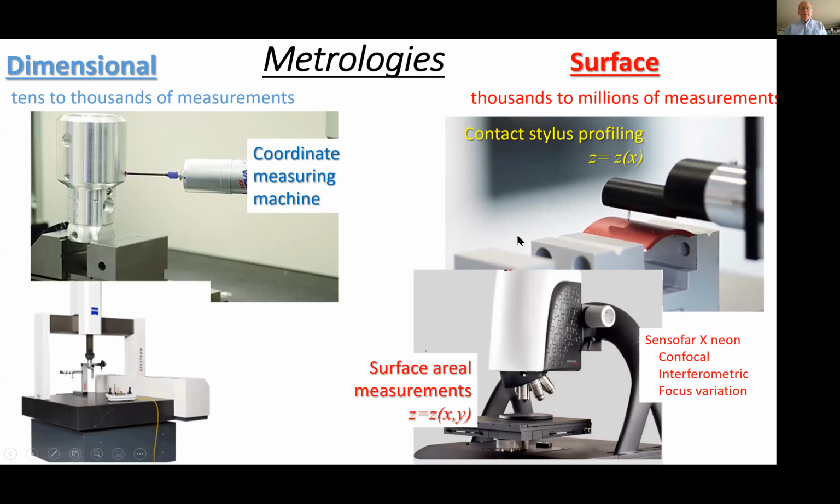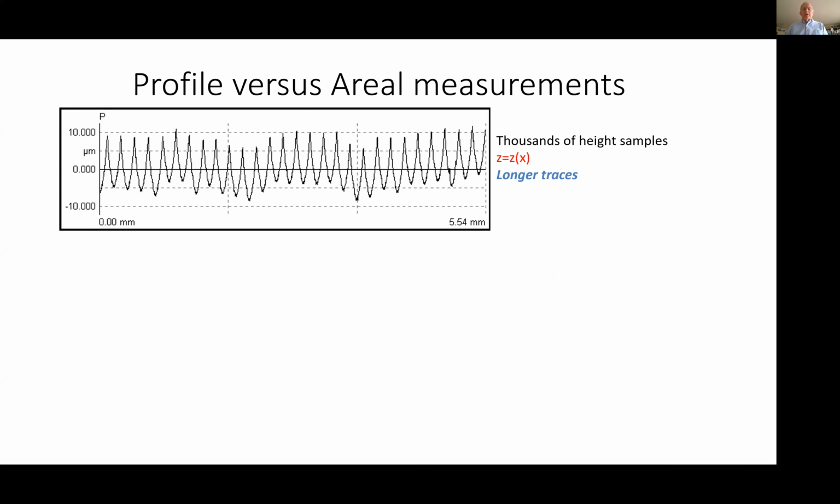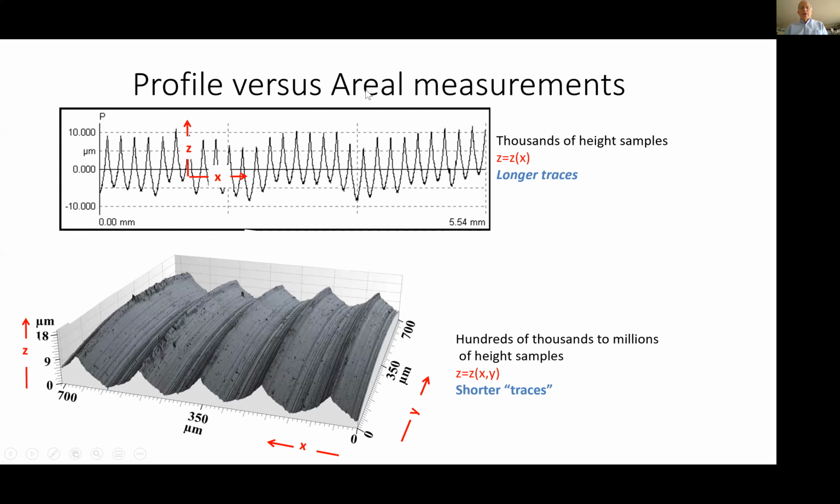When we look at a typical surface measurement, conventionally, we use profiles. Here's a profile from a turned surface, and we've got thousands of measurements. Usually we use elevation Z and horizontal X. Then if we do an areal measurement of a surface, this is a turned surface, and it might have a profile that's very similar to this one up here.